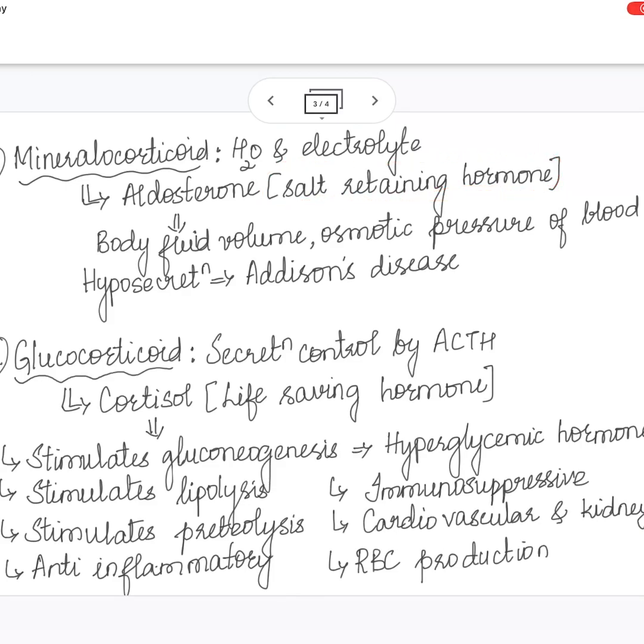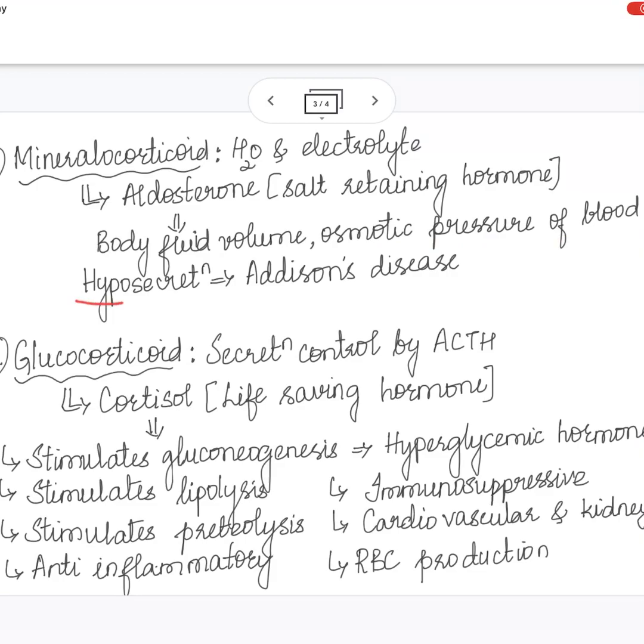This hormone aldosterone acts on the DCT and CD of the nephrons of kidneys in order to maintain that water and electrolytic balance. Hence this is considered a salt retaining hormone. Along with that, it also maintains the body fluid volume and osmotic pressure of the blood.